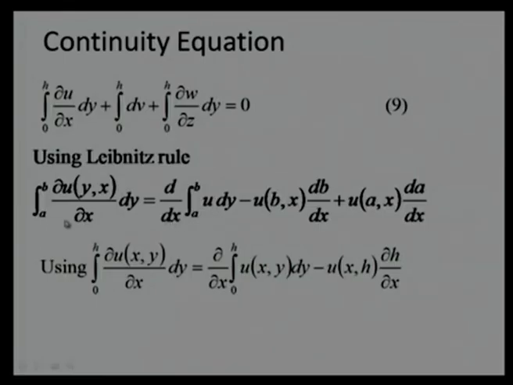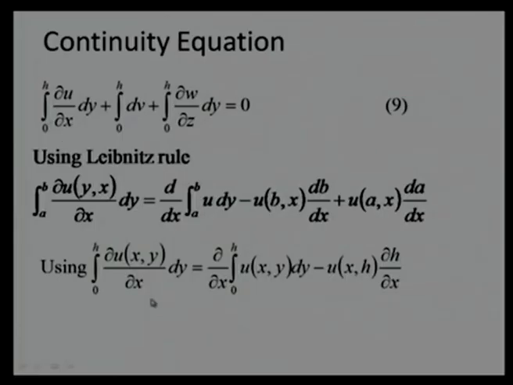So, we can take this term out, say assuming this term is u dy, but we need to subtract and add u at the b value, what is the value of u at b, and the differentiation of b with respect to x. Similarly, the value of u at a, and the differentiation of a with x. So, this is a well established rule, we are using it for our purpose.